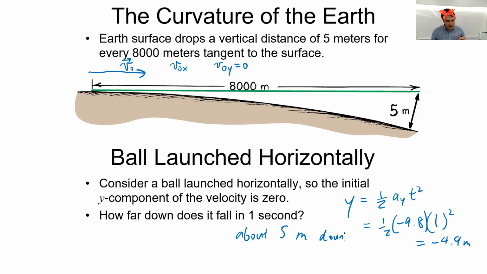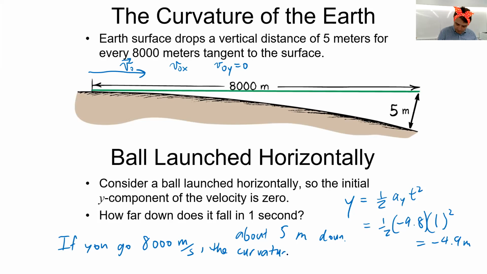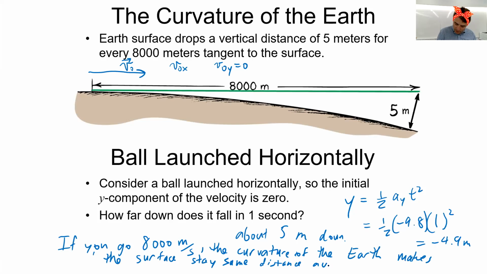So what this means is that, I'll try to write it here, if you go 8,000 meters per second, the curvature of the Earth makes the surface stay the same distance away.